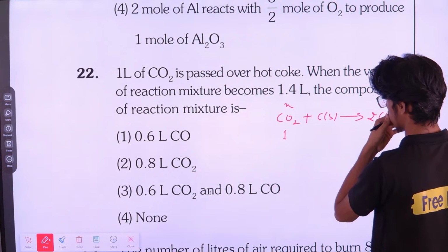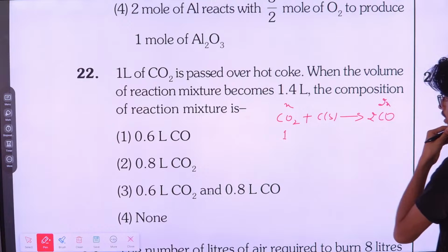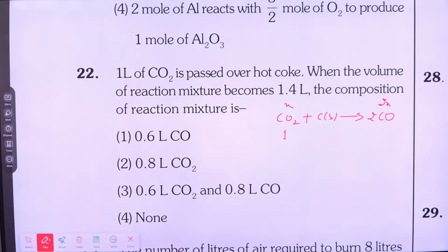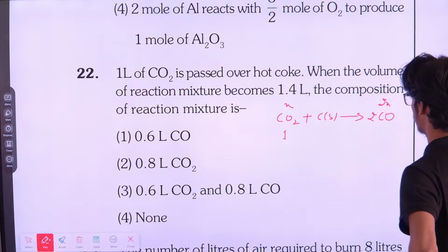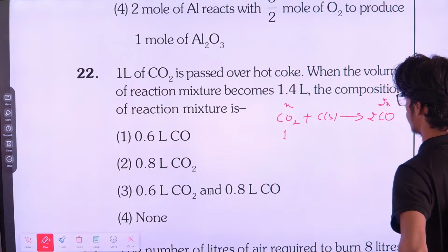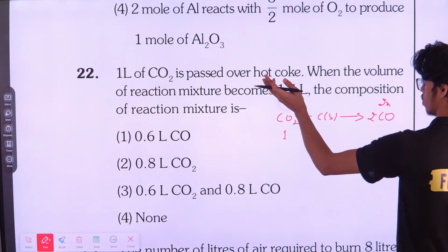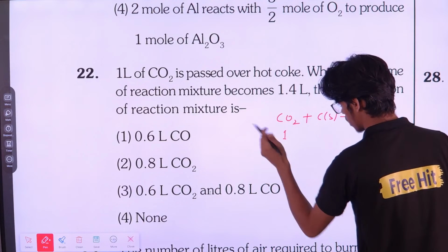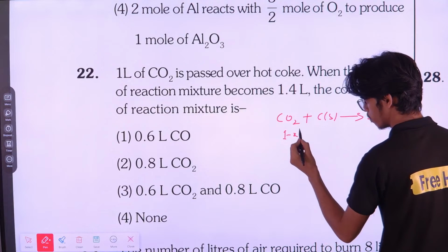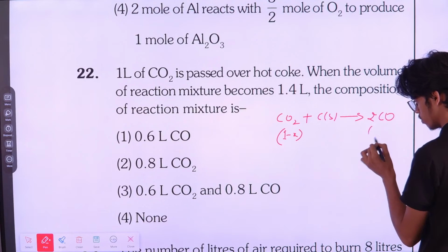The composition of the reaction mixture: we have 1 liter of carbon dioxide, and if X reacts, 1 minus X remains and 2X of carbon monoxide will be formed.